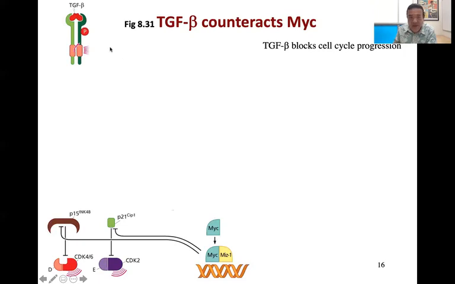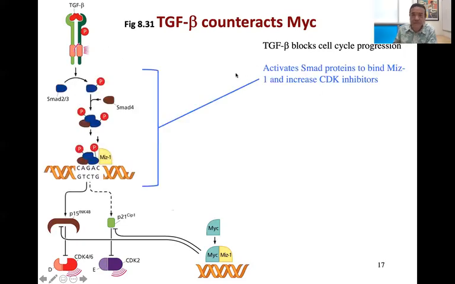So when TGF beta signals, it signals through these SMAD proteins. SMAD2 and 3 and SMAD4 come together and end up partnering with MYZ1 instead of allowing MYC to do so. Here you can see they are interfering with MYC, not because they're messing with an on and off signal of the MYC protein itself.